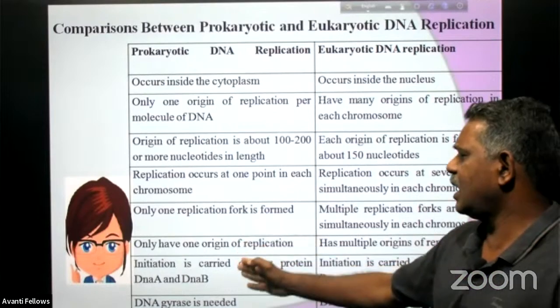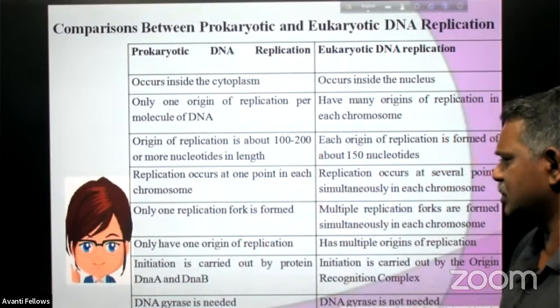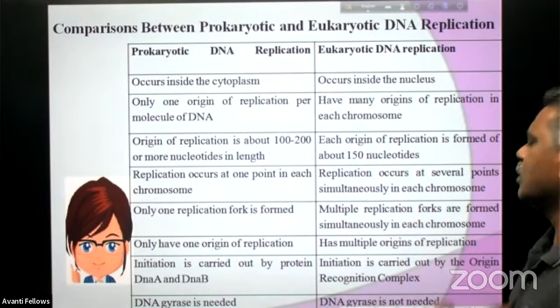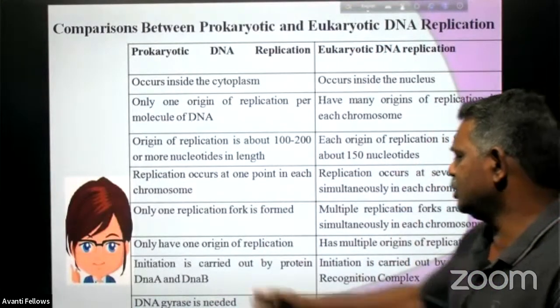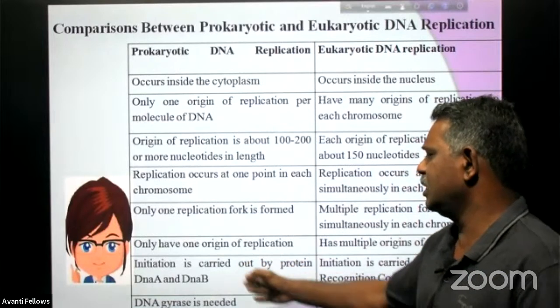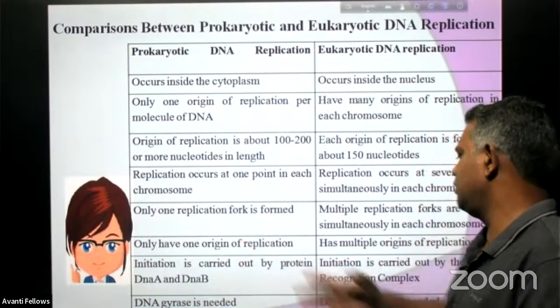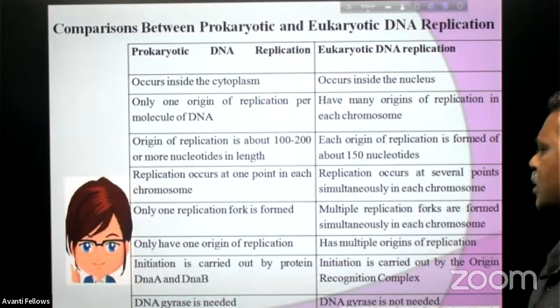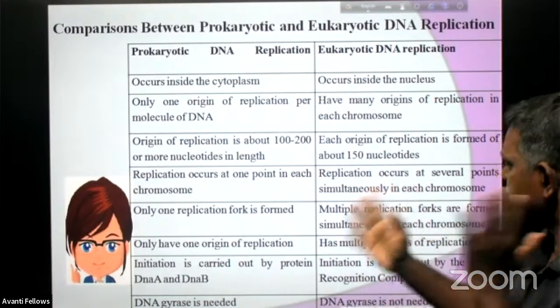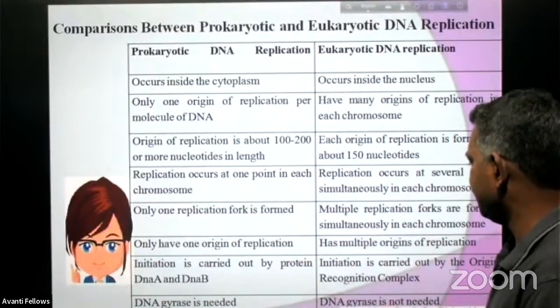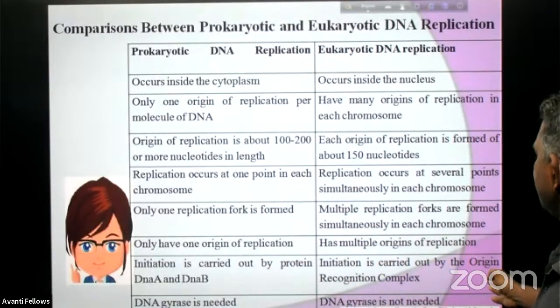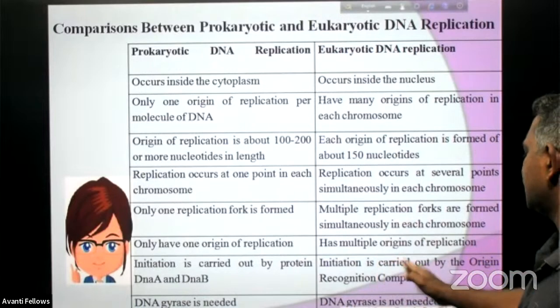Prokaryotes have one origin of replication here; multiple origins of replication in eukaryotic cells. And initiation in prokaryotes is carried out by the proteins DnaA and DnaB, whereas initiation in eukaryotic DNA replication is carried out by the origin recognition complex.